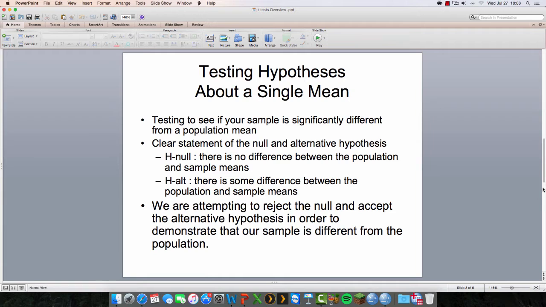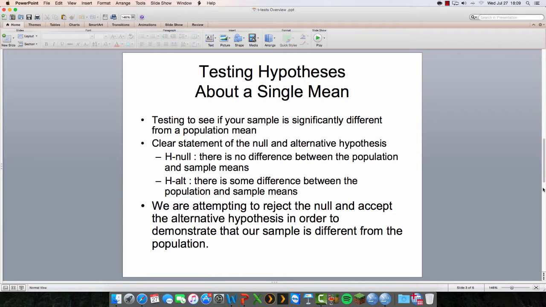So, for instance, we might be testing the income of residents of Saginaw County against the average income across the state of Michigan, right? So we have this sample, all the people we know of in Saginaw County, against some known population mean. We get that known data from the state of Michigan or from the federal government, but we already know what the average for the state is. And we want to know if the average in our county is different.